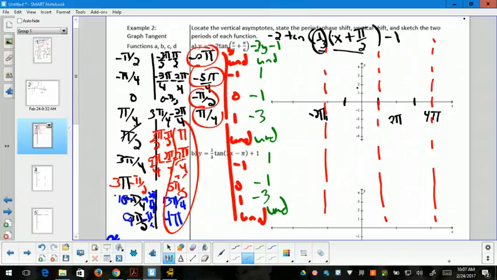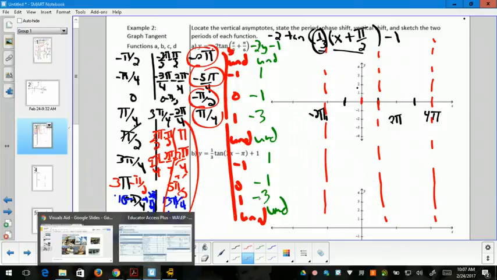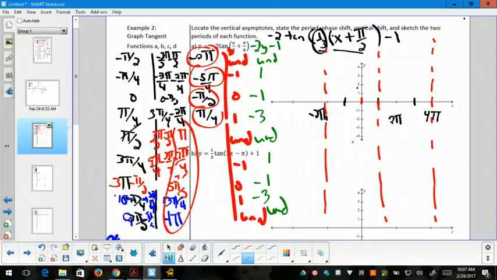So now I just have to have my intervals between these. These are all pi units apart. So now when I go to -5 pi over 4, that's a little more than pi. It's 1.25, so it's halfway between halfway.